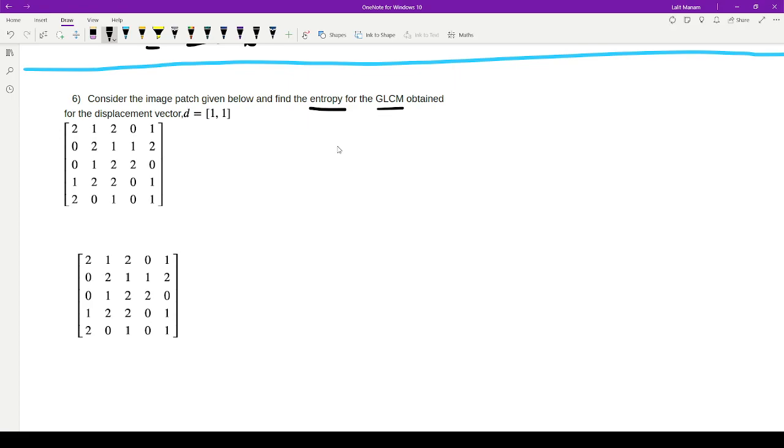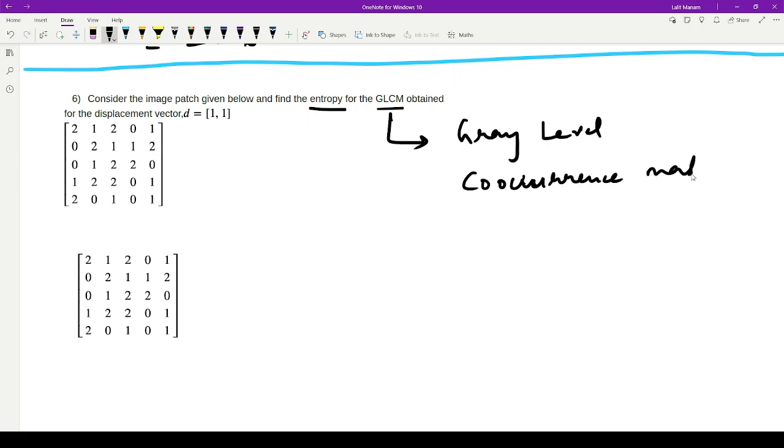Gray level co-occurrence matrix. Yes. So it's a very mouthful full form. Okay, that's fine. We'll just break it down, it's too complicated.